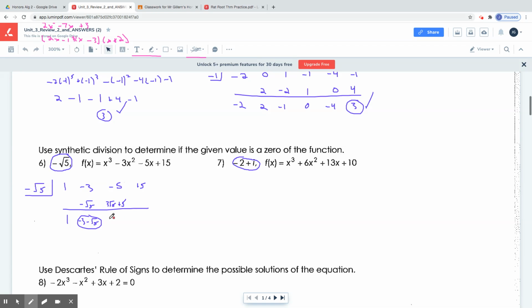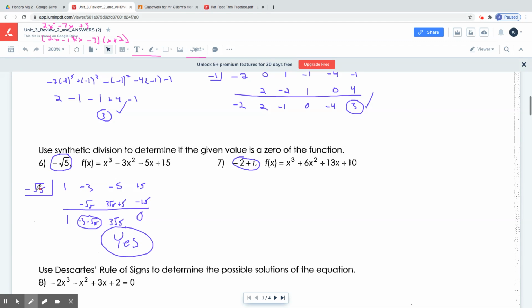They cancel out, leave me just with 3√5. Now I multiply 3√5. So on the outside it's just 3. So -√5 times √5 is 5. 5 times 3 gives me a -15. And I get 0, which means yes, it is a 0.